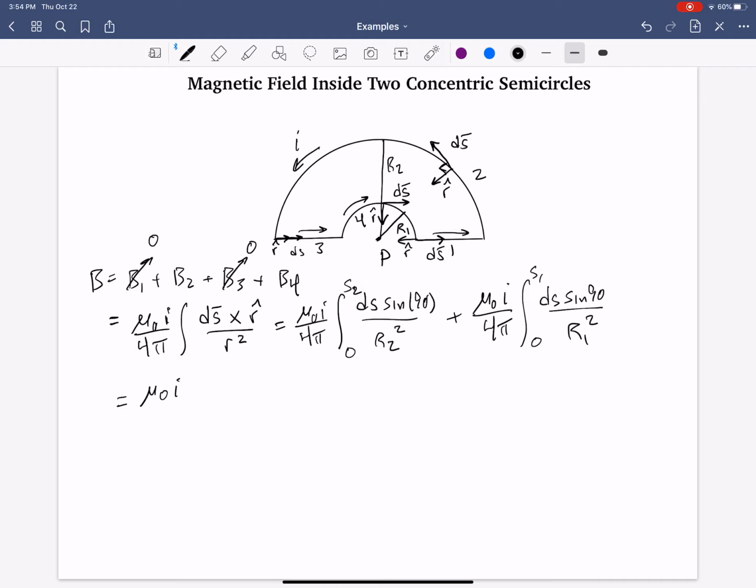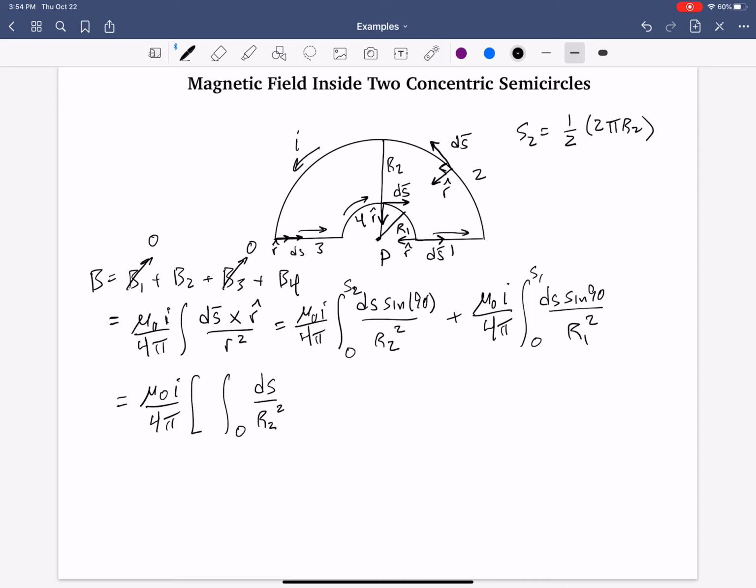So let's see. Let me pull out the prefactor, mu naught I over 4 pi. And we're integrating ds over r2 squared. R2 is a constant, right? And we're going from 0 to S2. S2 is half of the circumference. So the circumference of a circle is 2 pi r.